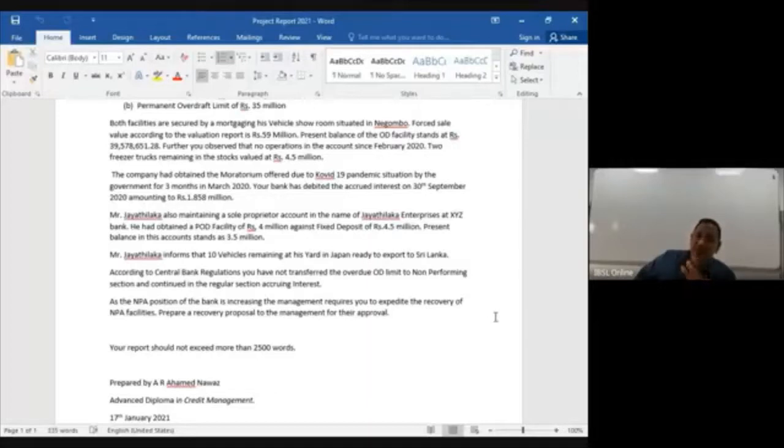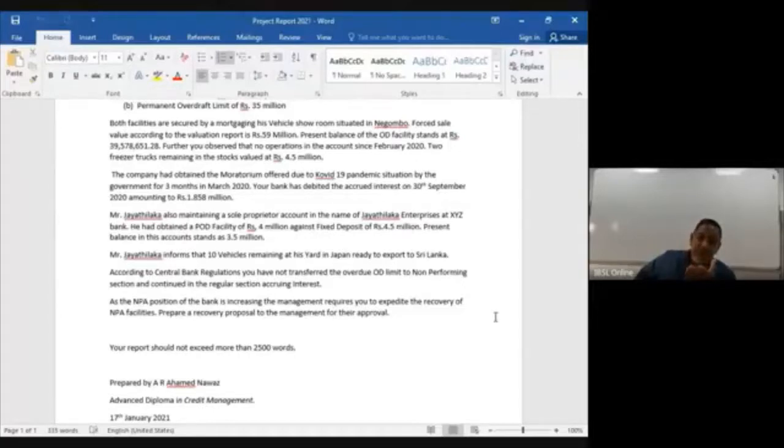Are we going to do further analysis? What options are available? Then an analysis of the overall industry. I mentioned this earlier: what is the vehicle importing industry and market?